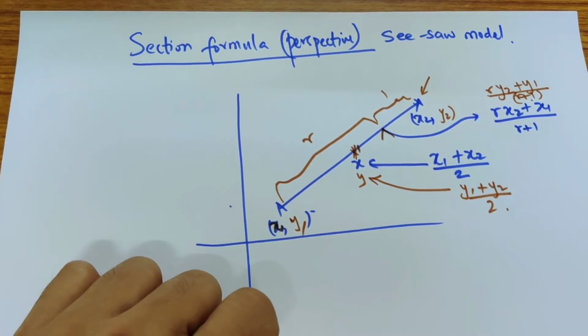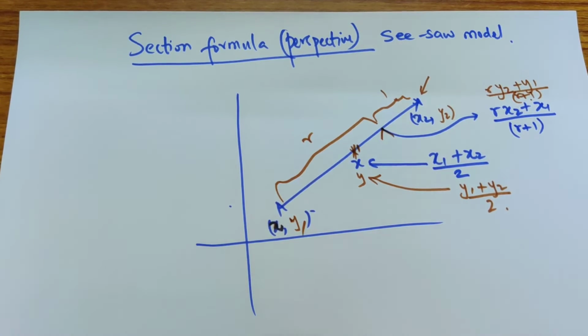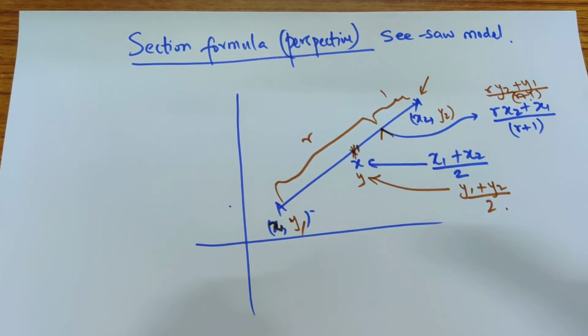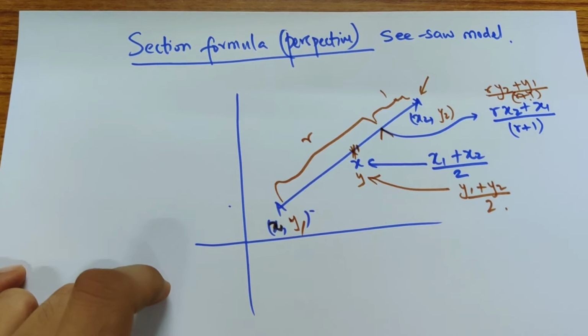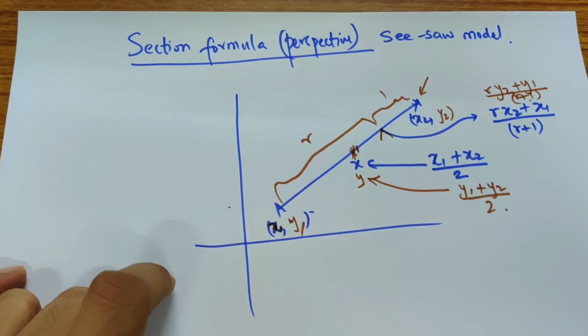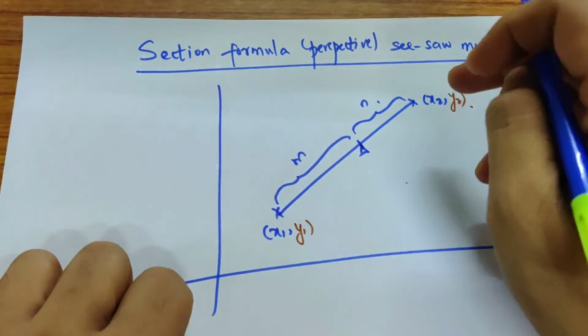So this idea of a weighted average and of something pulling: if this guy is pulling and it has such a small distance, he must have so much more weight. And then eventually when we extend it to m is to n, if m is bigger, this needs to be heavier.